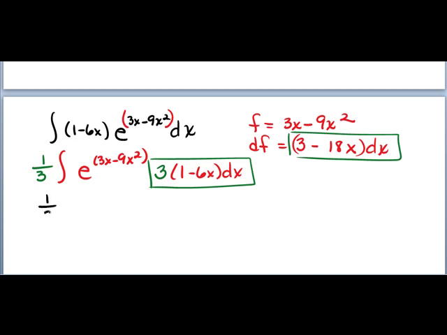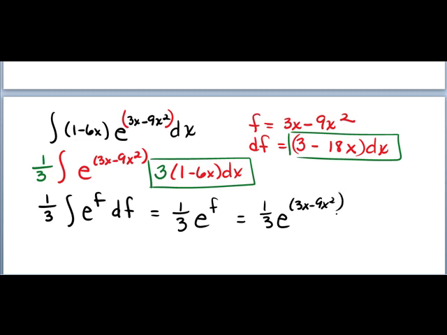And so I'm really integrating e to the f df. And the integral of e to the f is e to the f, which is 1/3 e to the 3x minus 9x squared plus c.